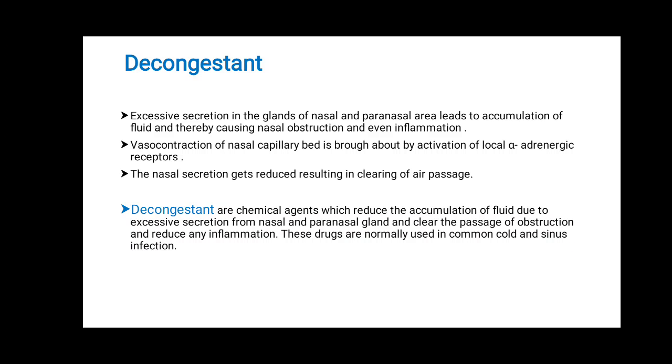Sinus is a cavity around the nasal passage, and sinusitis is a condition in which the cavities around the nasal passage become inflamed, meaning swelling takes place in the nasal and paranasal glands or in the sinus.